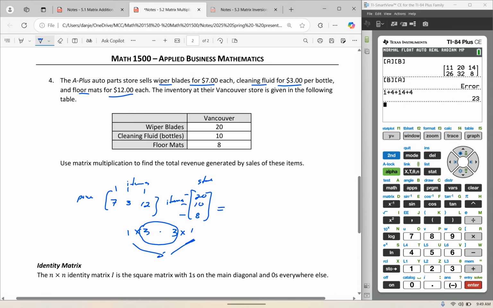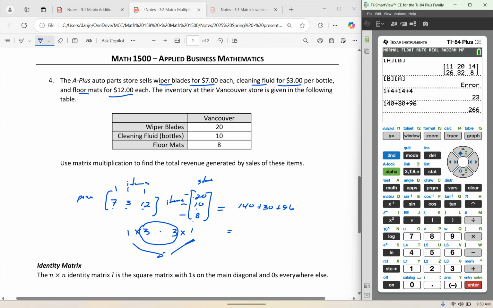But to do the matrix multiplication, 7 times 20 is 140, 3 times 10 is 30, 12 times 8 is 96. So if I add 140, 30, and 96, we get a total of 266, and that is my 1 by 1 matrix.